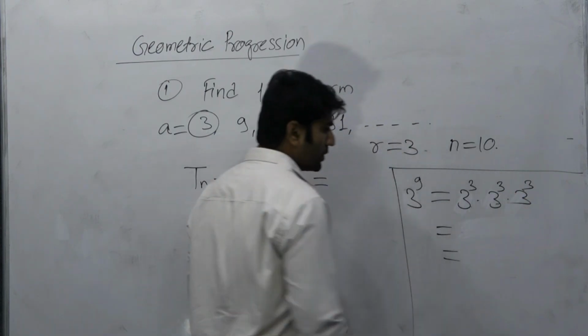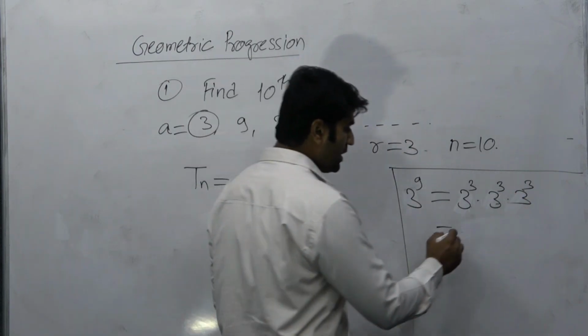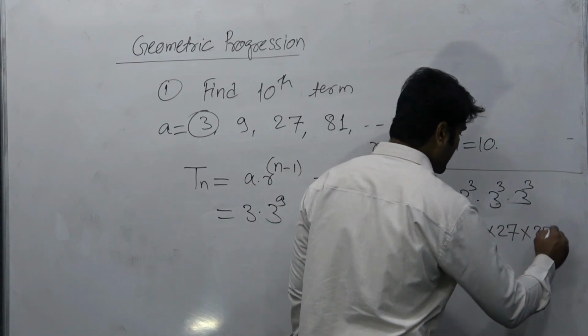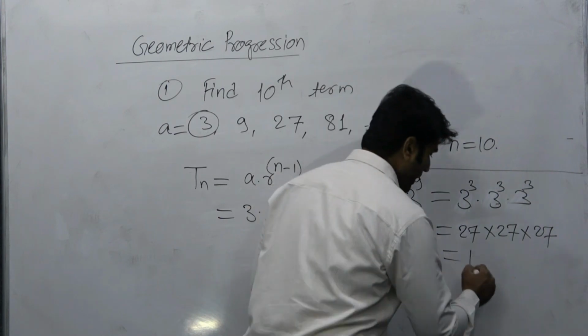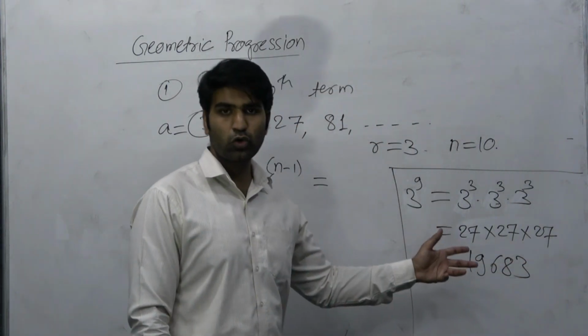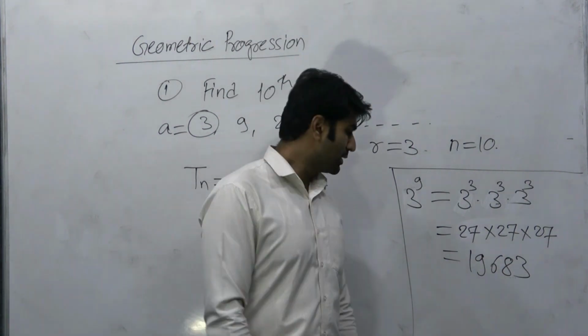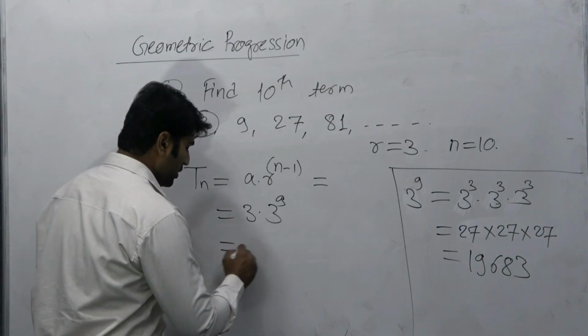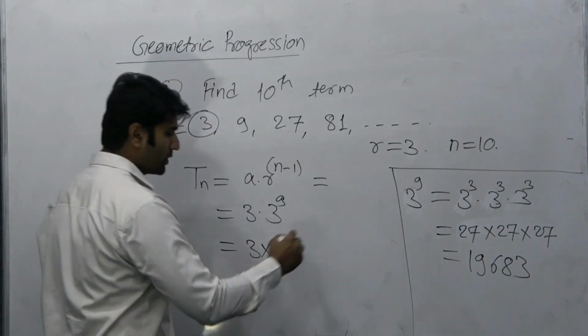We know 3 cube is 27, so 27 into 27 into 27, the cube of 27, is 19,683.